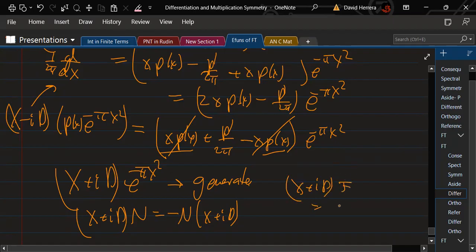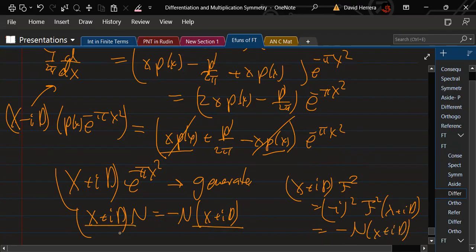So when you interchange these, let's do it with f squared, which is just n. Every time you pull an f over, it turns into a negative i. So you get negative i squared, f squared x plus id. And then that's just negative n x plus id. So you get a negative sign here.